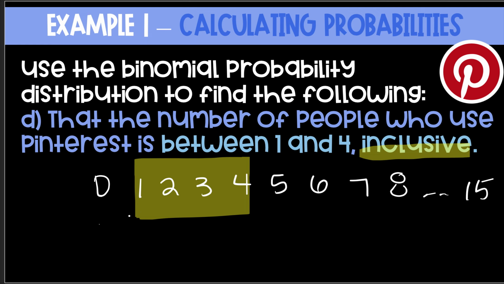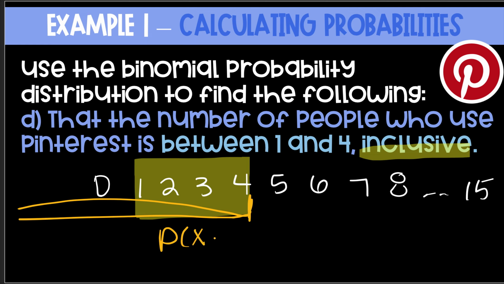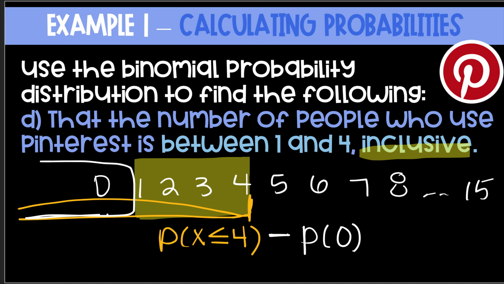There's multiple ways of answering this question. I'm going to find the probability up to 4, which is the probability of X less than or equal to 4, using the Excel command. And then I'm going to subtract the probability of exactly 0 to take away this portion right here.